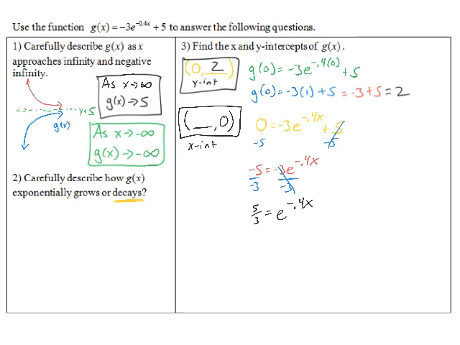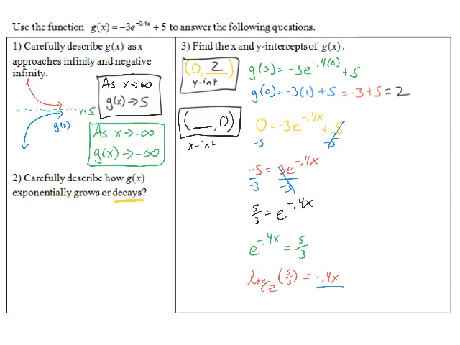Now I personally like to rewrite this as follows. Before I make this into a log, I like to switch the sides. It just makes it easier for me. So this is going to be log base e of 5/3 equals -0.4x. Again, we put log right here, we switch these two, and we get this.